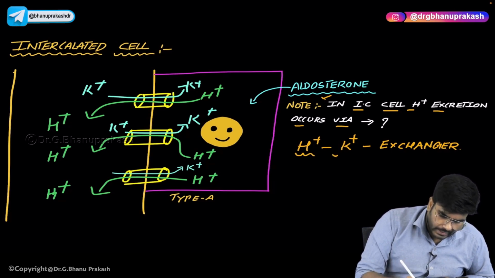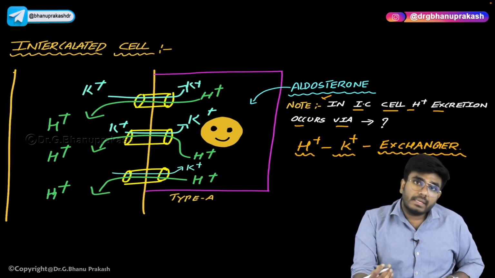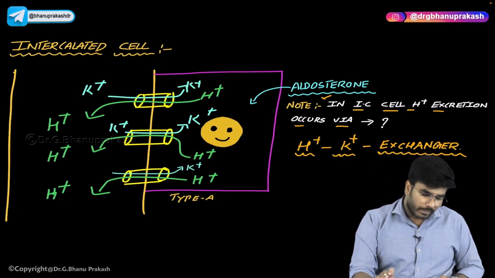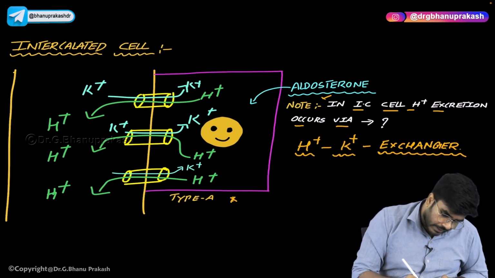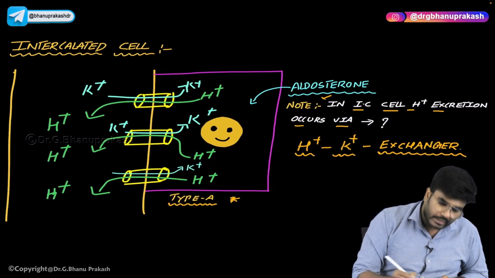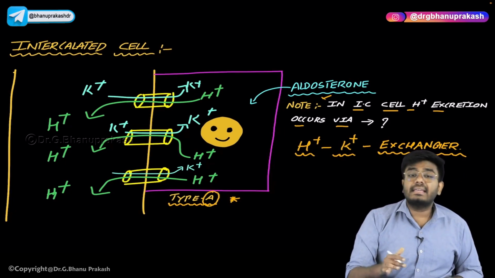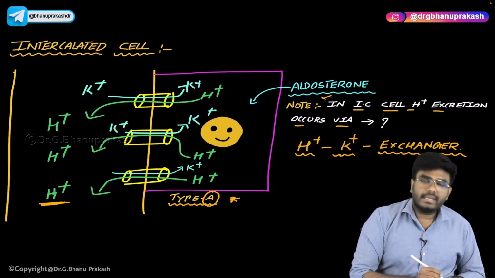Later I will be discussing that there are two types of intercalated cells, type A and type B. For now, remember, these are type A intercalated cells. Just remember like this: type A for acid excreting. Protons are nothing but acids, right?